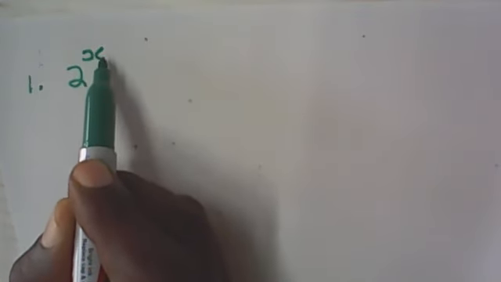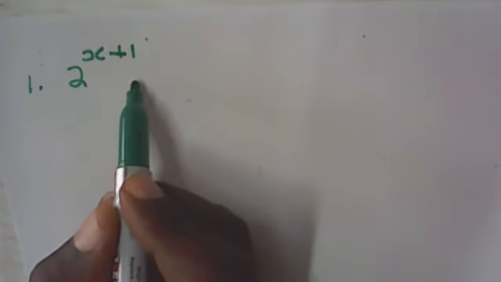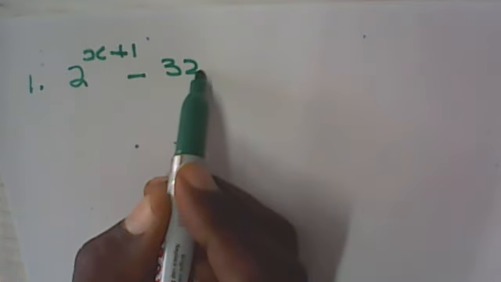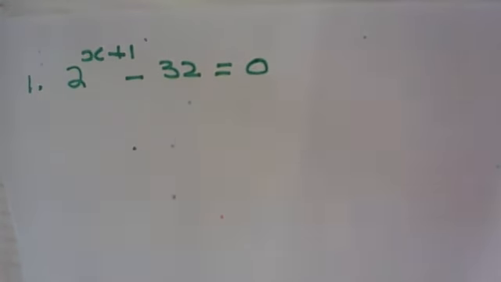It says 2 to the power x plus 1, then subtract 32 equals 0. In each and every equation, guys, at the end of the day, one side must be 0 in order to find a solution. If factorization is needed, you cannot factorize without having the other side being 0. So let's do it.